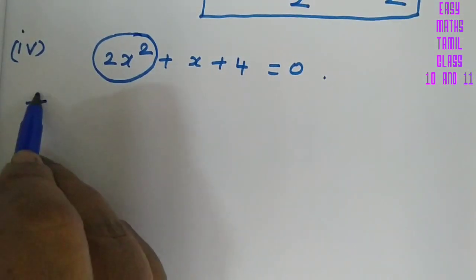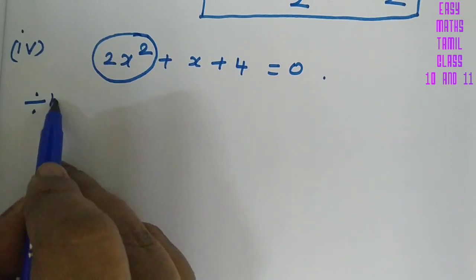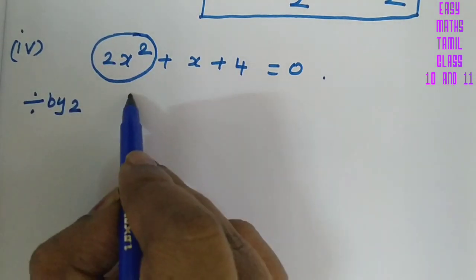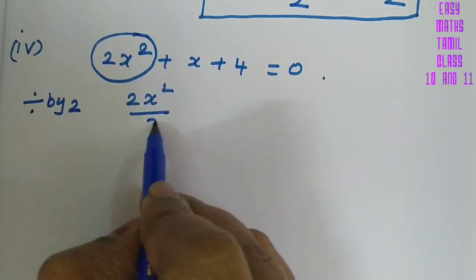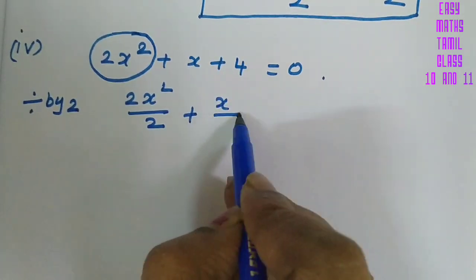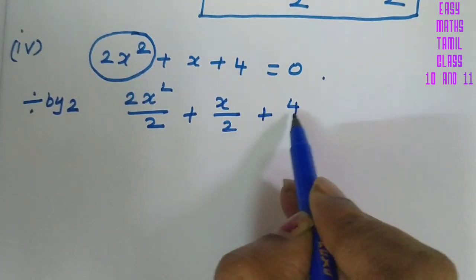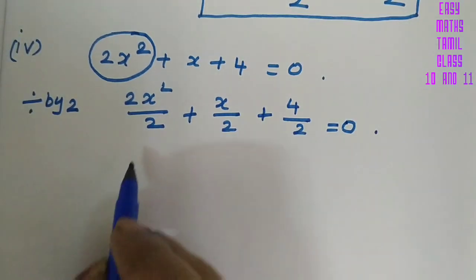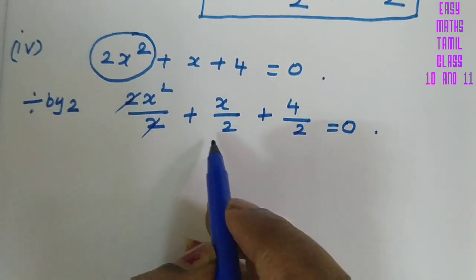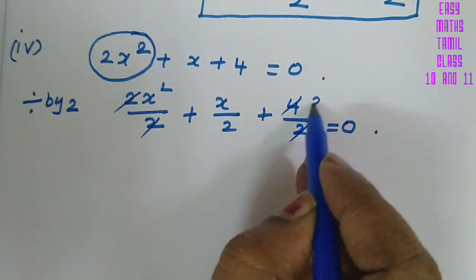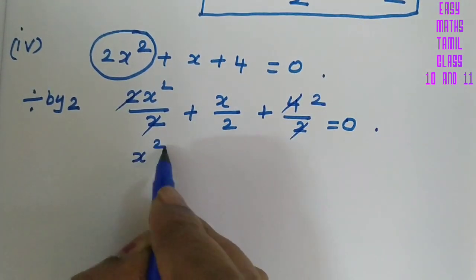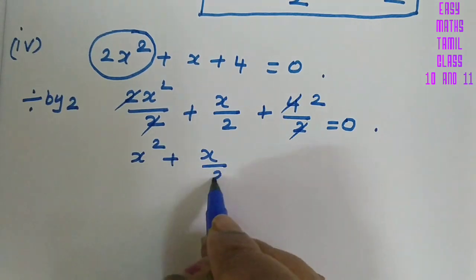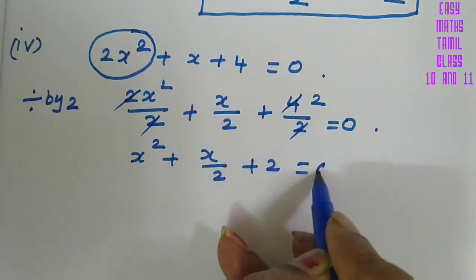So divide this entire equation by 2. 2x square by 2 plus x by 2 plus 4 by 2 equal to 0. Simplify the value. x square plus x by 2 plus 2 equal to 0.